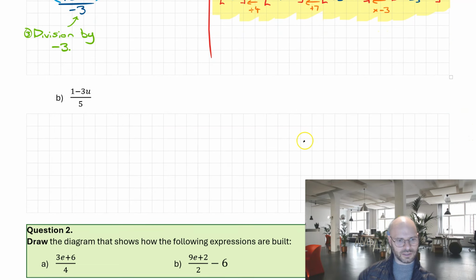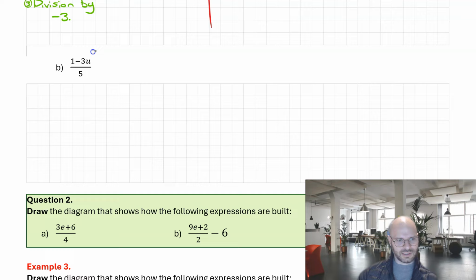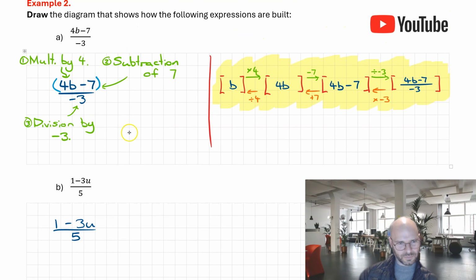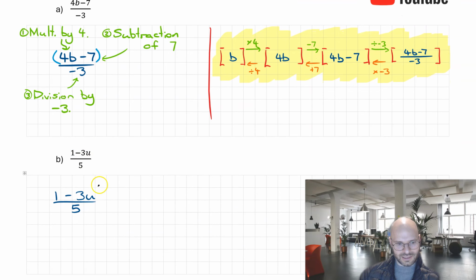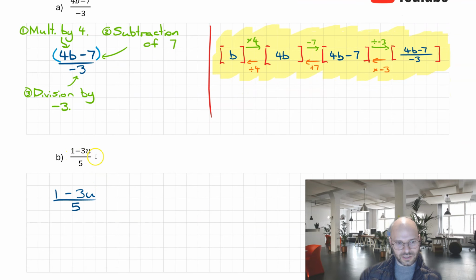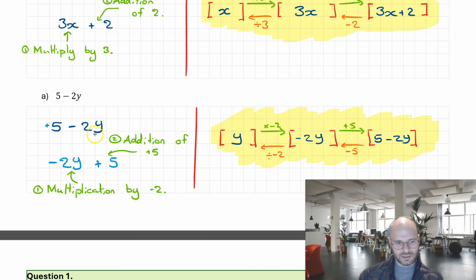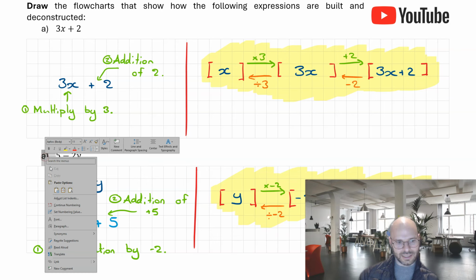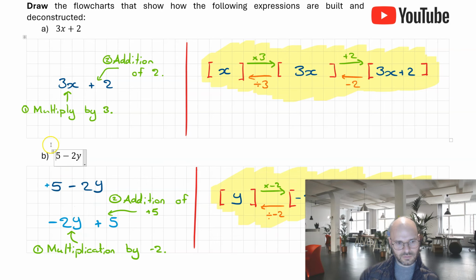Okay, let's keep going. We turn our attention to 1 minus 3u all over 5. Now recall that these two expressions contain fractions. However, look at the numerator in the second expression, 1 minus 3u. This is similar to the situation we had in part B of example 1.